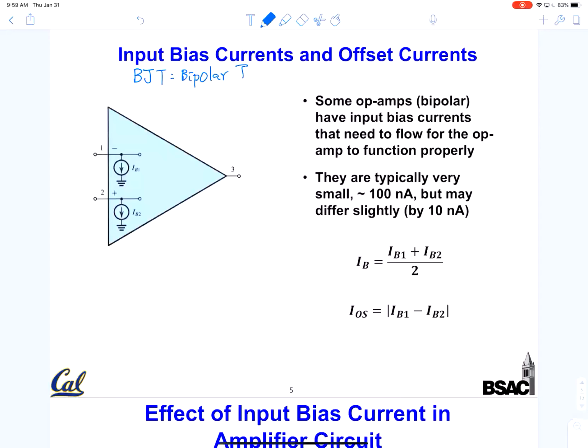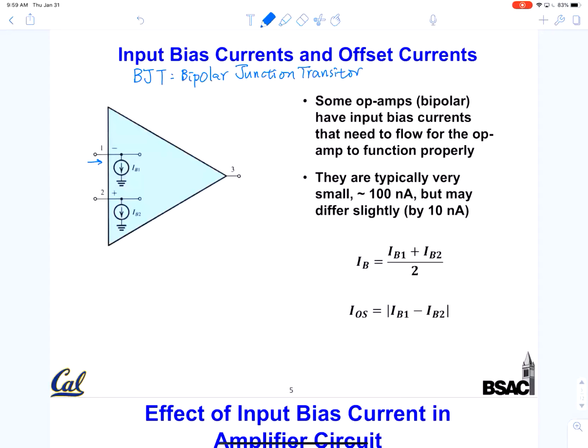The difference is that bipolar junction transistors actually have some finite input current. So we say ideal op-amp, no current goes in here. Well, actually, that's not true. It takes finite current to bias a BJT.